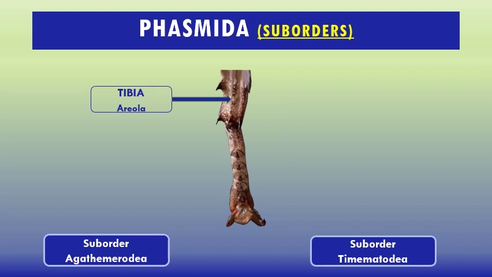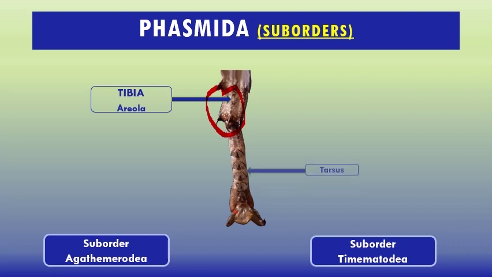You can see here, a circular area on the underside of the apices of the middle and hind tibia. See here, there's one here. So whether it is areolate or not areolate. This division is, however, not fully supported by the molecular studies.